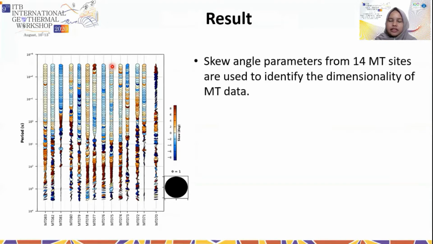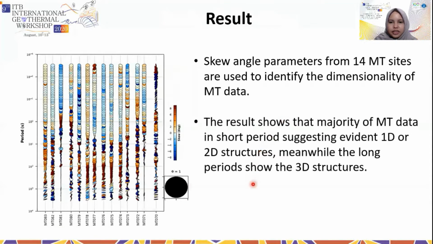We also identify the dimensionality of magnetotelluric data from 14 MT sites, and we use Q angle parameters from phase tensor. The result shows the majority of magnetotelluric data in short period, I mean in the shallow part, suggesting evident 1D or 2D structures, and it characterized by the low of the skew value, as we can see in the light color.